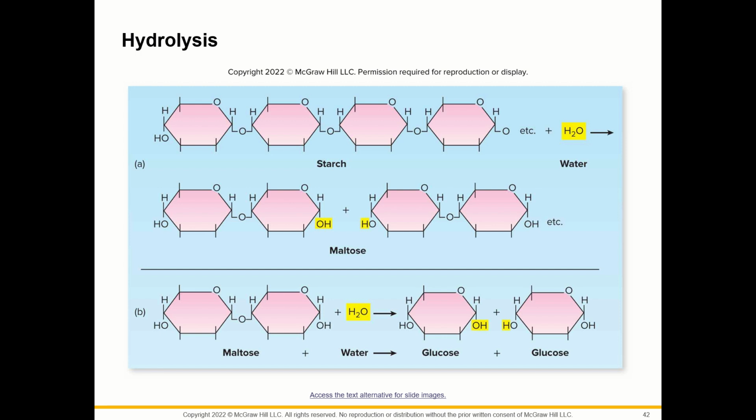The polysaccharide is first hydrolyzed into disaccharides in A up here. And the disaccharides are maltose. And then they are further hydrolyzed to the monosaccharides of glucose. So we've got 2 glucose as our end products.